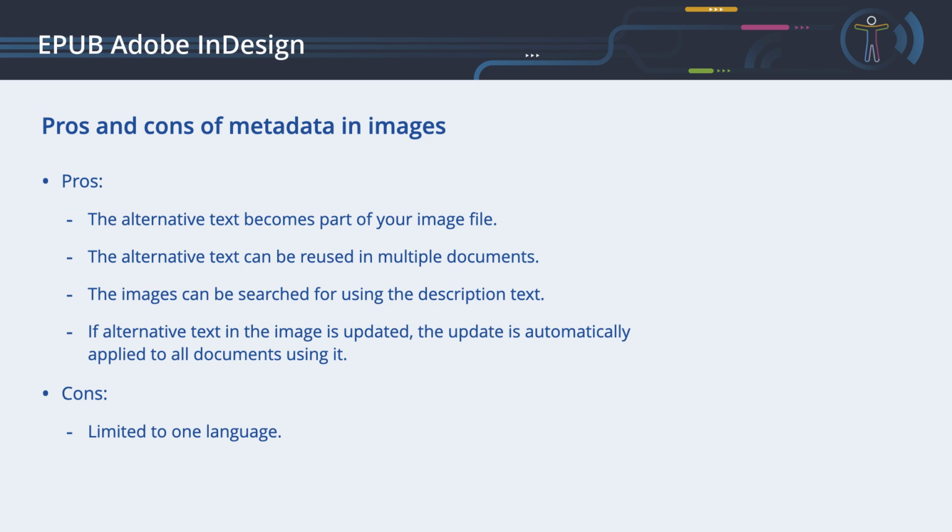All text descriptions in the metadata can be used to search for an image, which can be extremely useful when handling a large number of images. When the alternative text in the image is updated, the update is automatically applied to all relevant documents. The con, or limitation at least, is that metadata are limited to a single language.